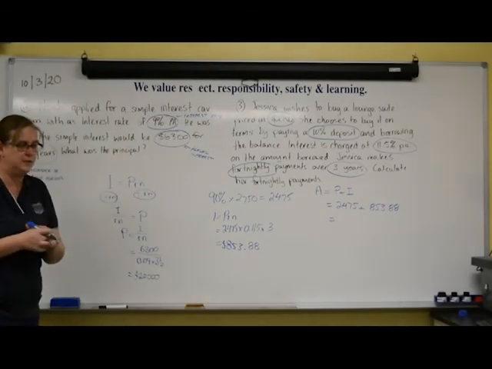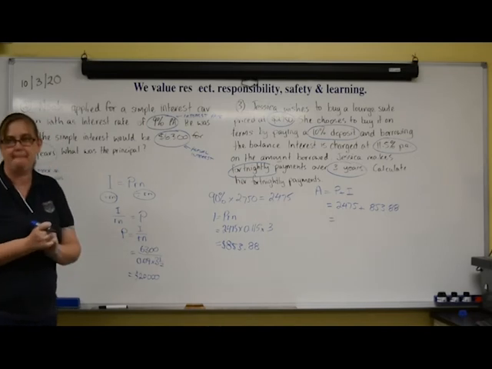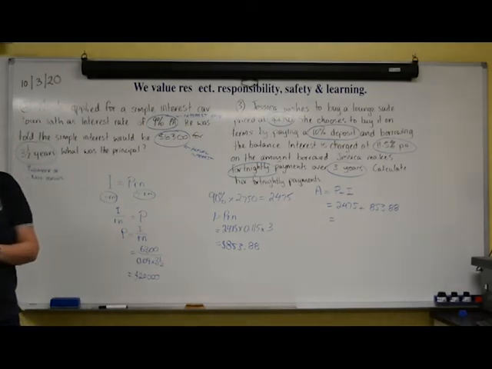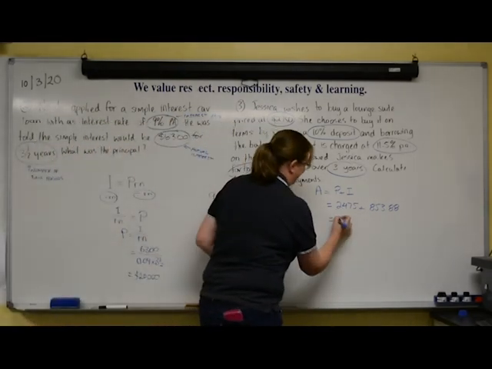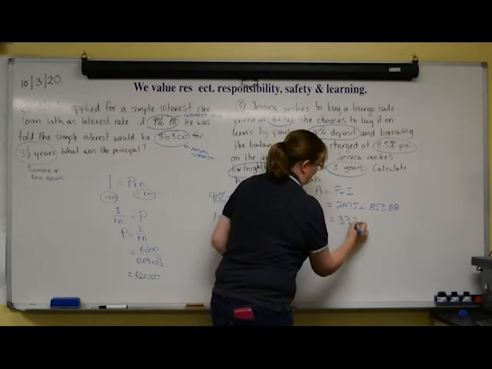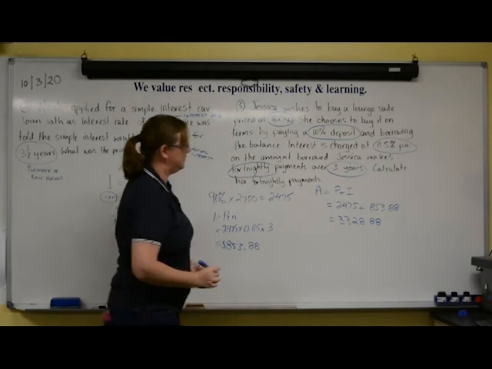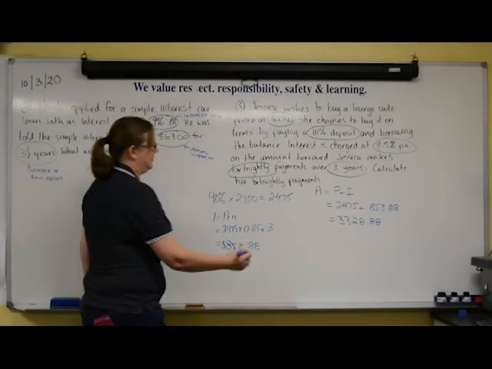What's that going to be, guys? 3,328.88. So that's the total amount to be repaid. That's in dollars, so we should put a dollar sign on there.